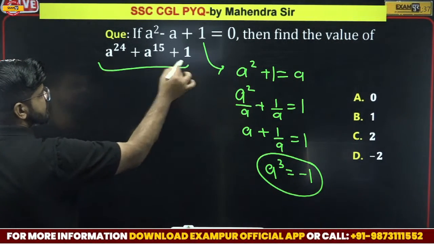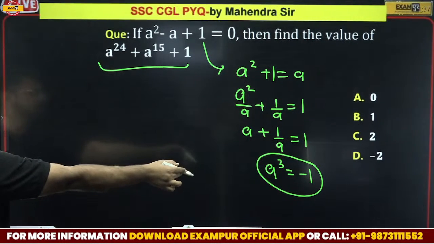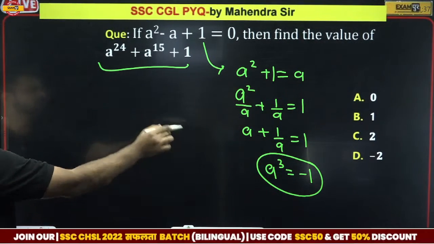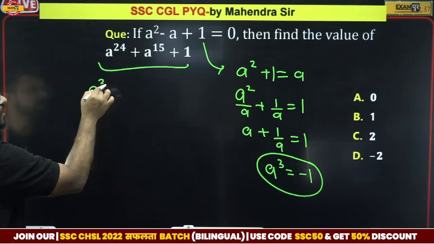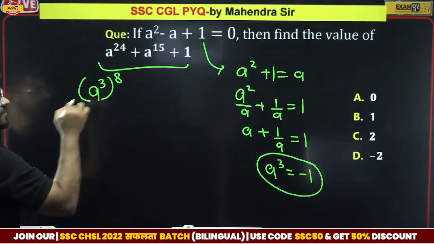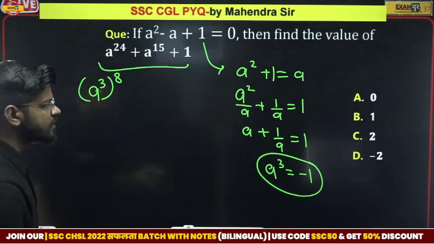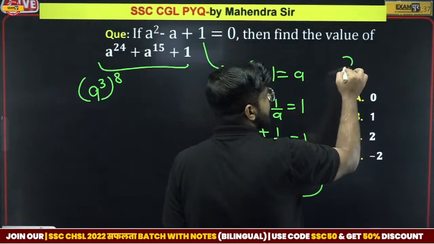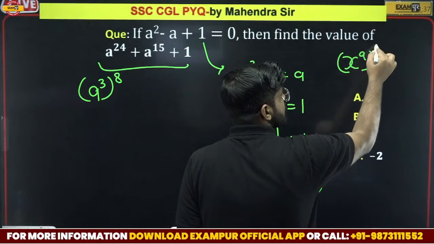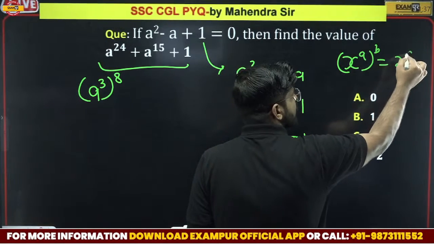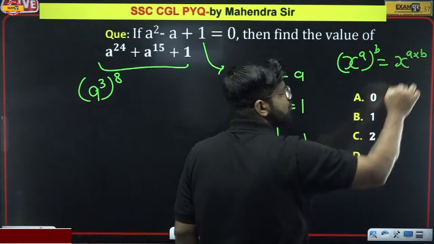How can we write this in the power of cube? So we can write this a cube to the power 8. You know that x to the power a to the power b is equal to x to the power a into b.